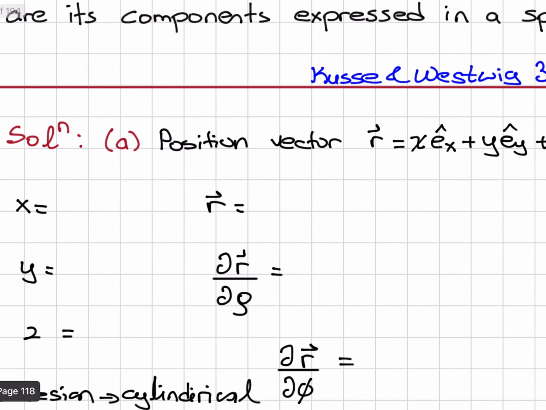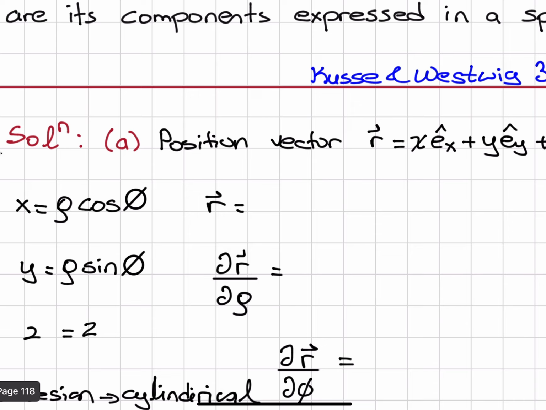Now, how do we transform between cylindrical coordinates and Cartesian coordinates? x is rho cosine phi, where phi is the azimuthal angle, and y is rho sine phi, and z is the same in Cartesian and cylindrical coordinate systems.